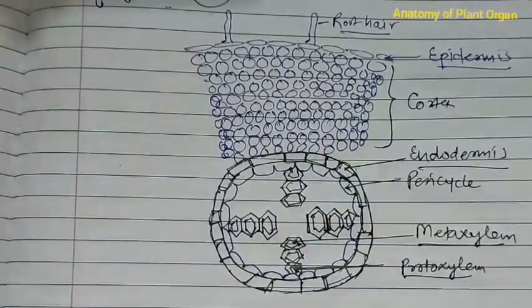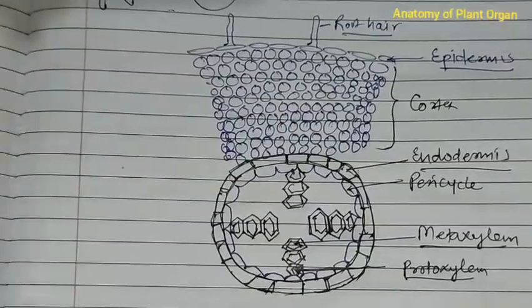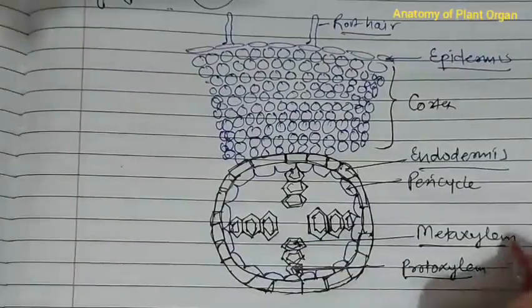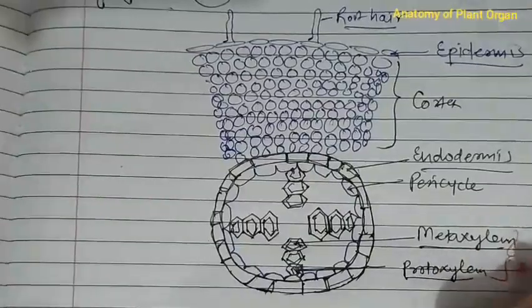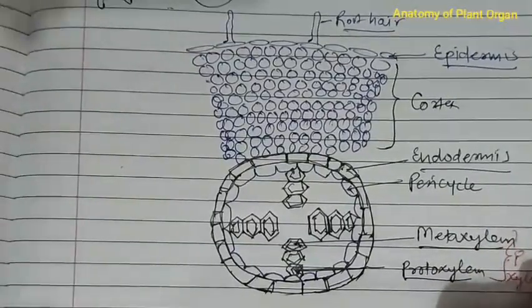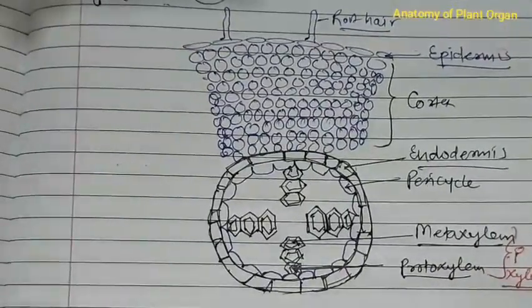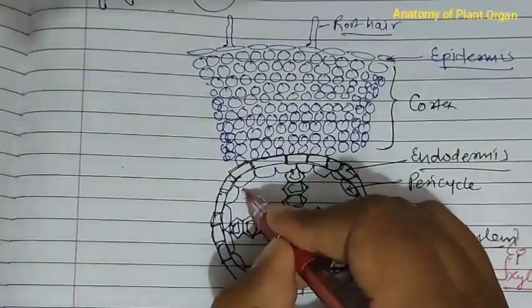And inner to endodermis you find here this is pericycle. Now when we see this xylem and phloem, this metaxylem and protoxylem forming a primary xylem, and this xylem and phloem show radial arrangement.